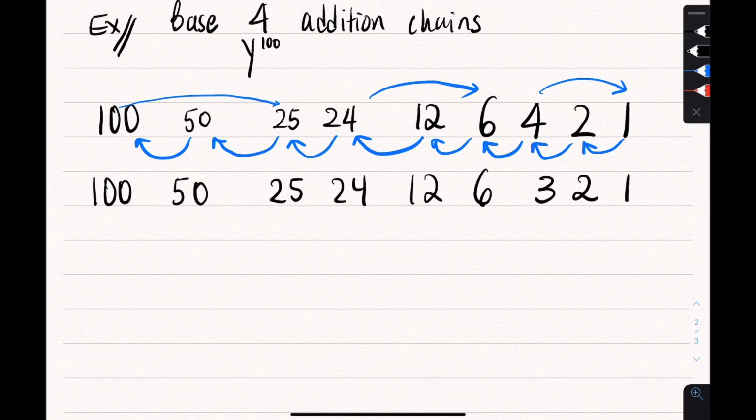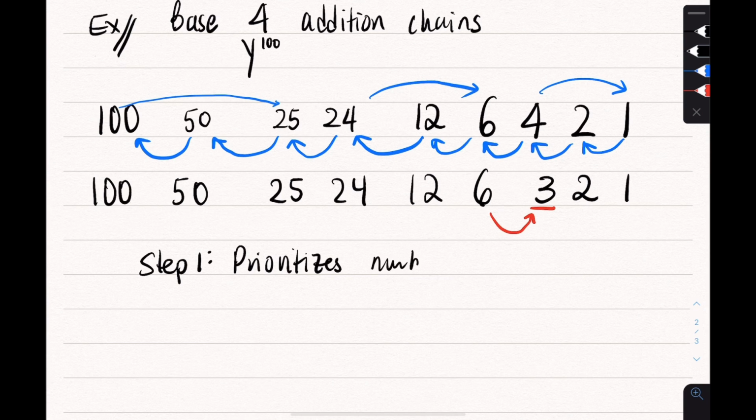The length of these addition chains are the same, although not all addition chain values are the same. See, in this case, I have a 3 because 6 divided by 2 is 3. So, well, what's the difference between step 1 and step 2? Well, step 1 prioritizes numbers divisible by the base.